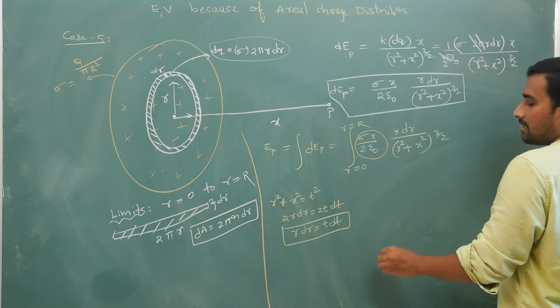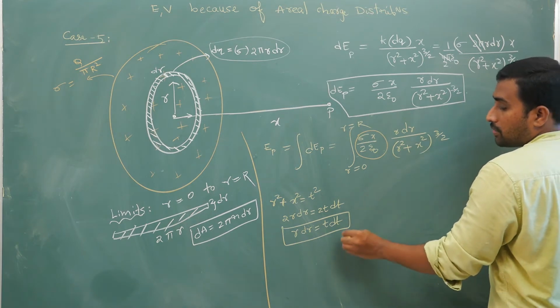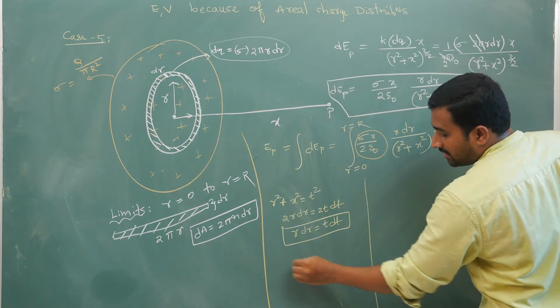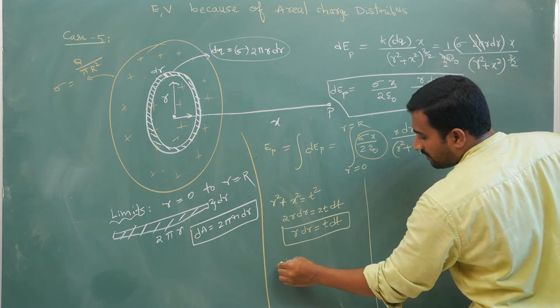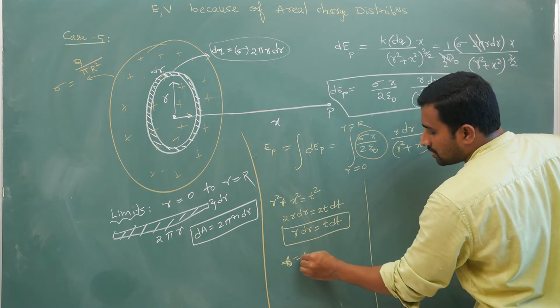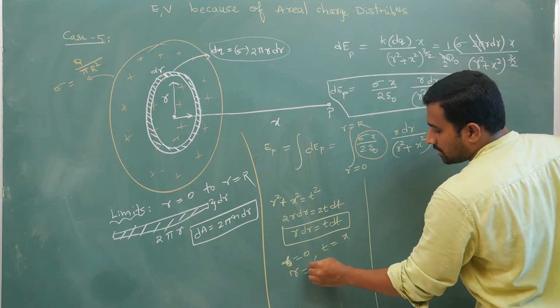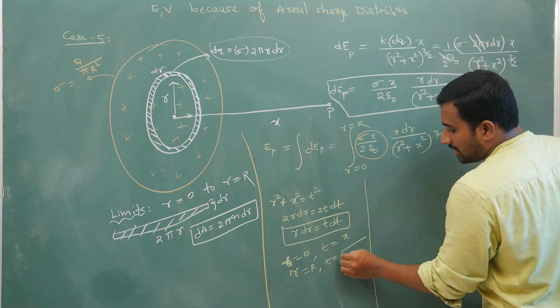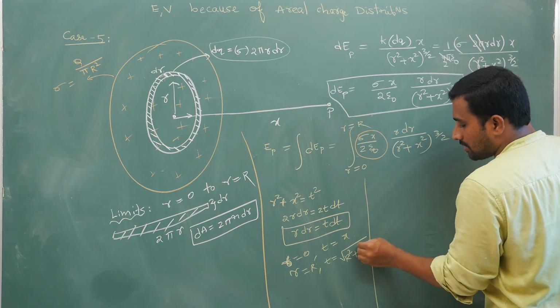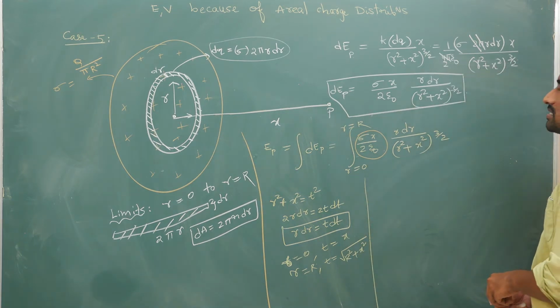So this is your first point. And second thing is your limits. When small r is equal to 0, your t is equal to x. When small r is equal to capital R, your t is under root r square plus x square. So you have to substitute these limits.